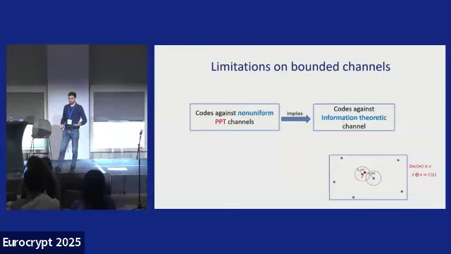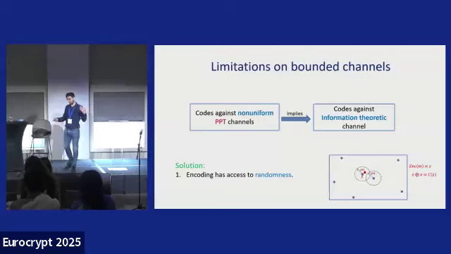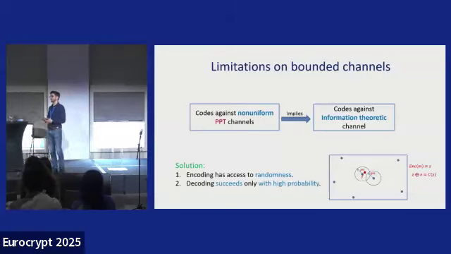So the solution to this is going to be to introduce randomness, and this is something we usually do in cryptography, right? So we're going to enable the encoding to be randomized, and the decoding is only going to succeed with high probability. So nothing that you would not have expected.